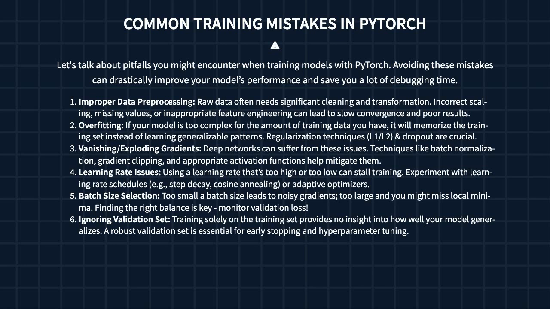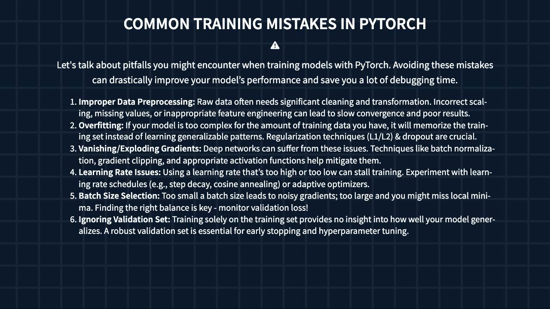Next, you'll likely encounter vanishing or exploding gradients in deep networks, and tools like batch normalization can help with that. Don't forget about learning rate. Finding the right one is crucial, and adaptive optimizers are worth exploring. Batch size matters too. Experiment to find what works best for your data. And most importantly, always use a validation set to monitor how well your model's generalizing beyond just looking at the training accuracy.